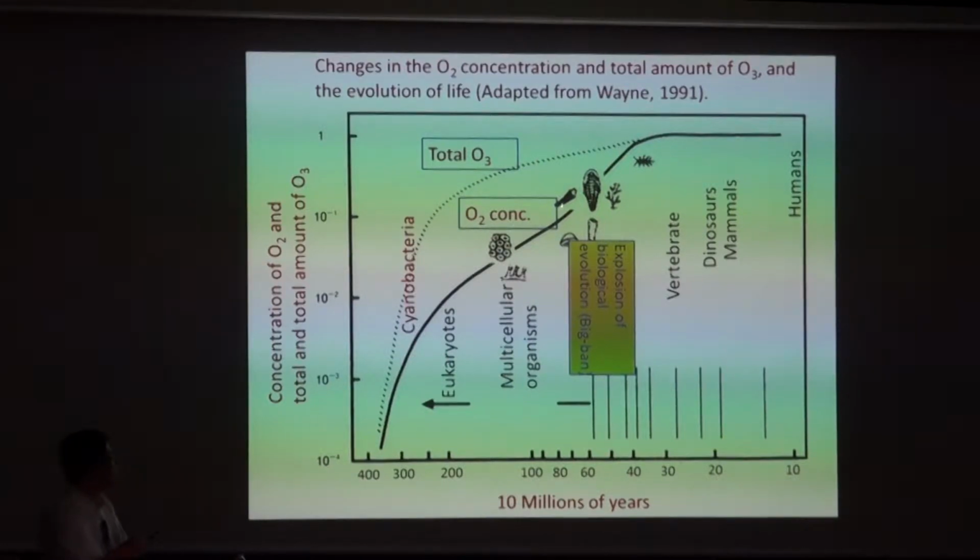So, because of the accumulation of oxygen, ozone is also accumulated. These two factors totally changed the environment on the surface of the Earth, which enabled organisms to evolve from seawater to land.